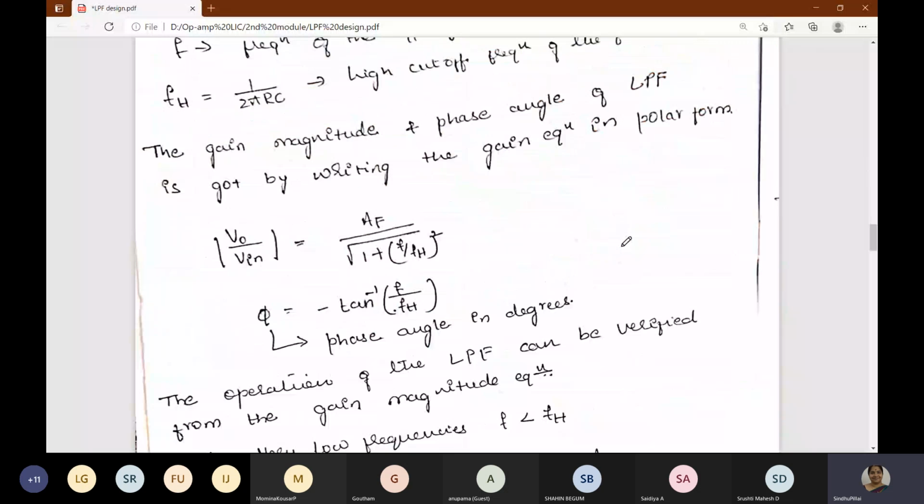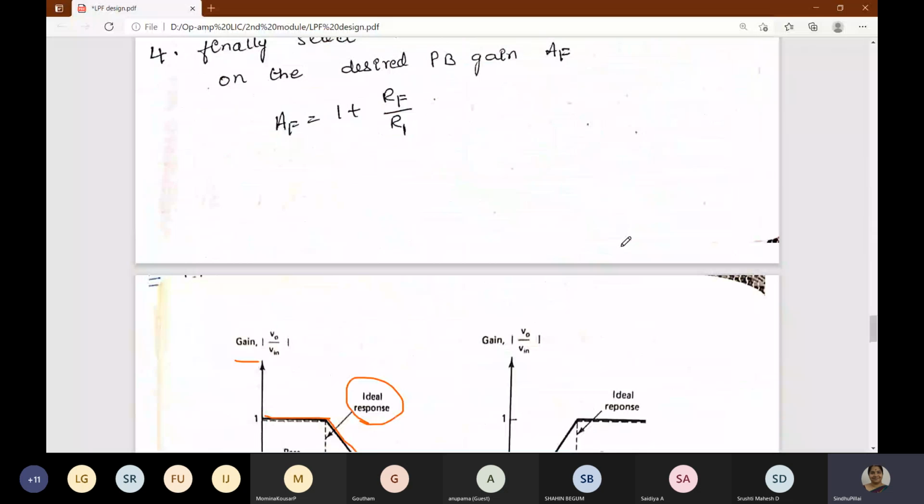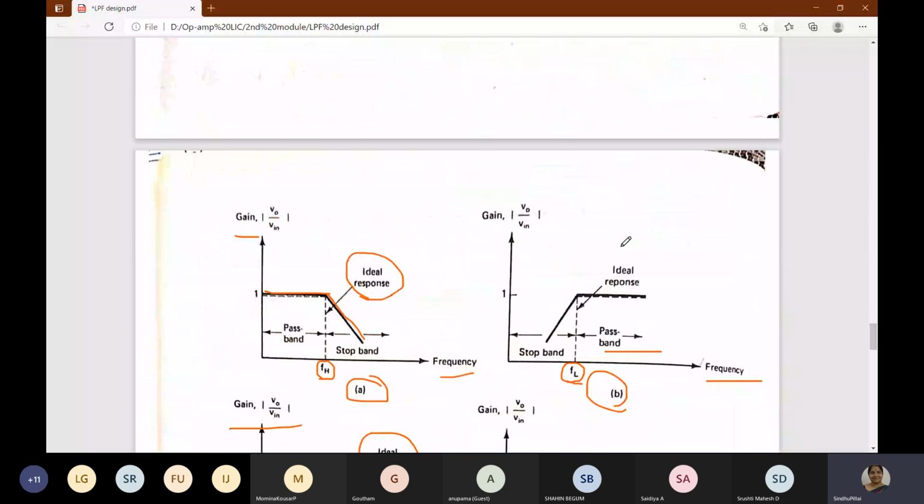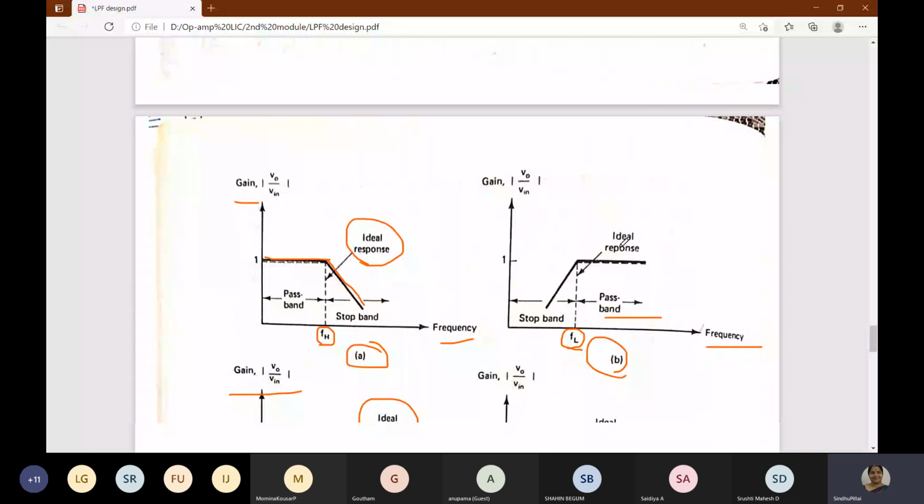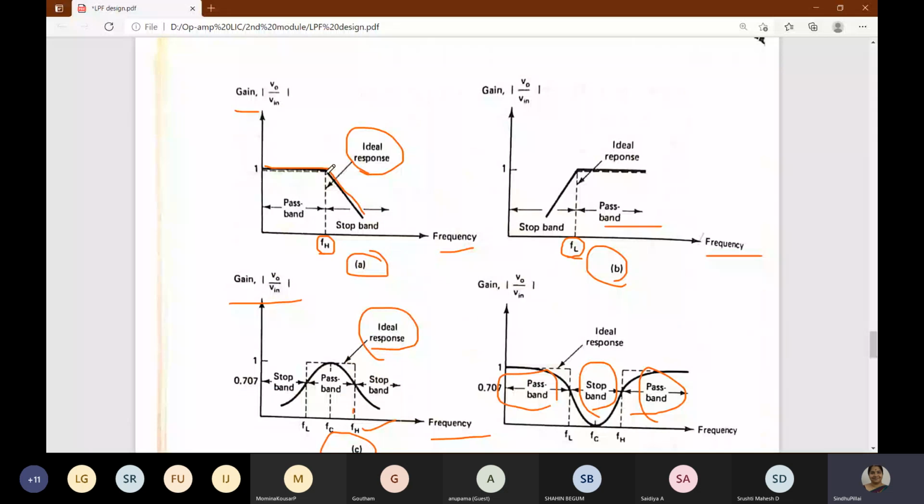The first order filter will have only one capacitor and one resistor. As we increase the order, the second order will have two capacitors and two resistors. And see, this is the decrease of the gain. This is the low pass filter. This is the constant gain. Here the gain is decreasing, at 20 decibels per decade for first order.